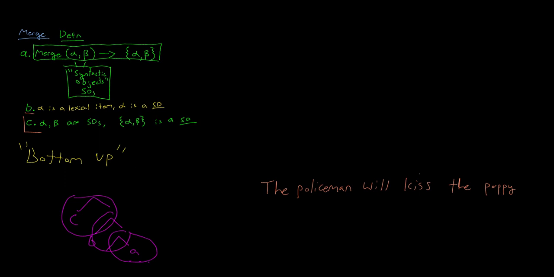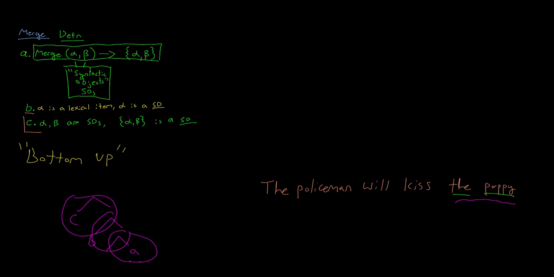So in the case at hand, the lowest node, or the bottom of our tree, corresponds to the determiner phrase, the puppy. So that's the first thing merge is going to operate upon. So what happens here? Well, merge applies to two syntactic objects. So the first thing we have to do is check whether or not the and puppy are syntactic objects.